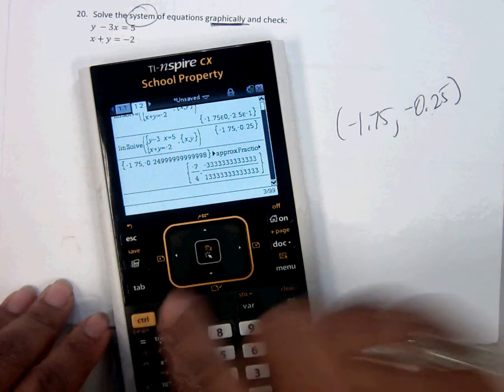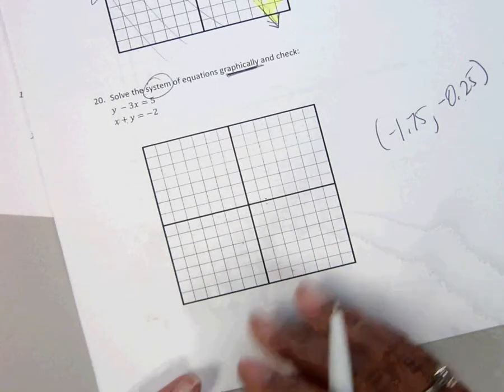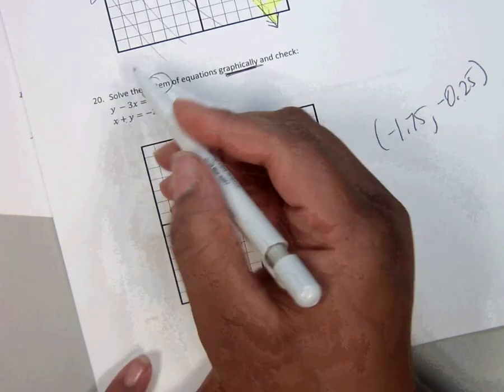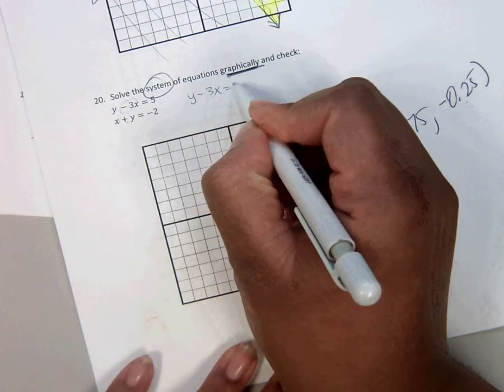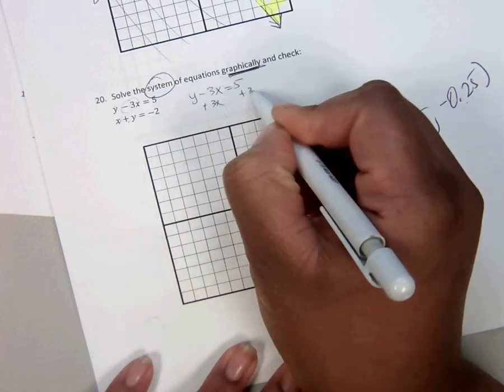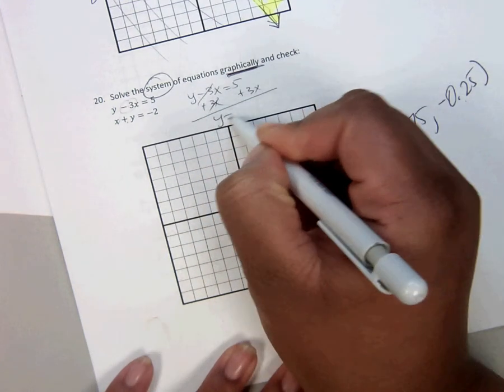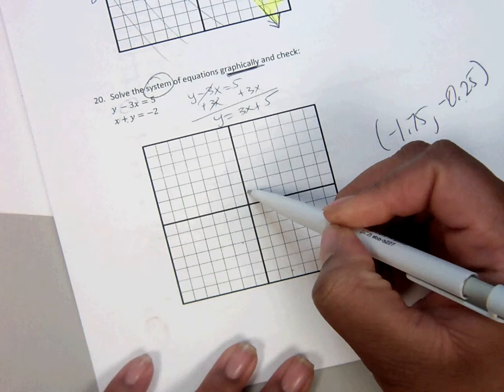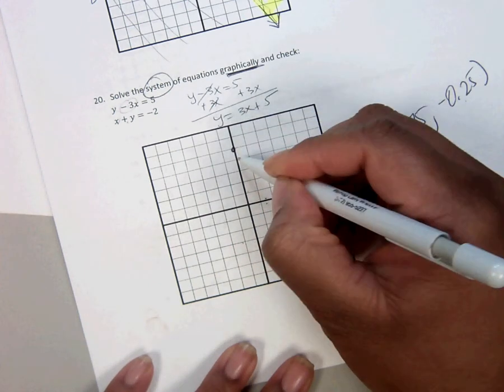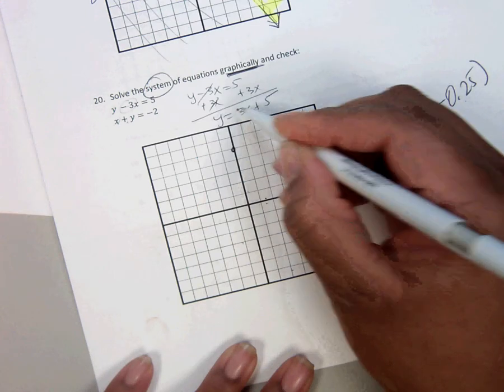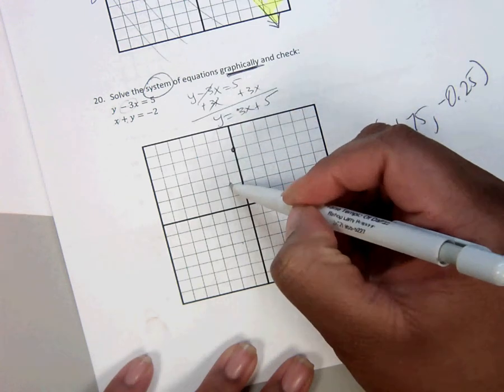If you want to do it by hand, you have to move the 3x over. So y equals 3x plus 5. And go up 3 and over 1, and then go down 3 and left.